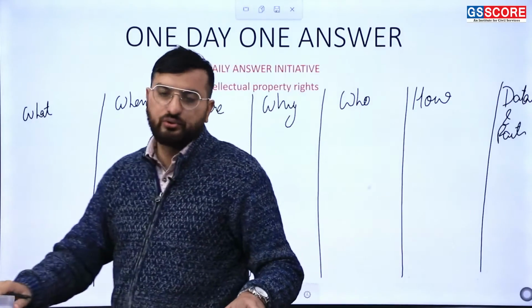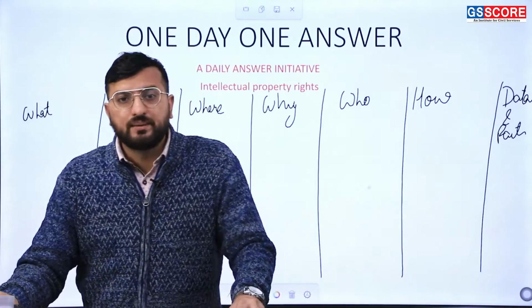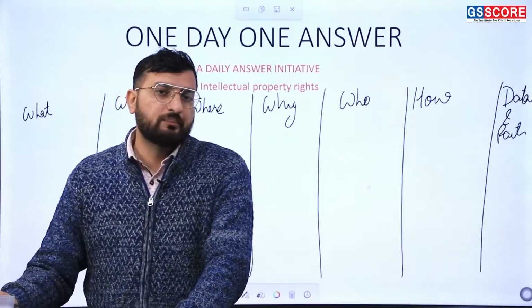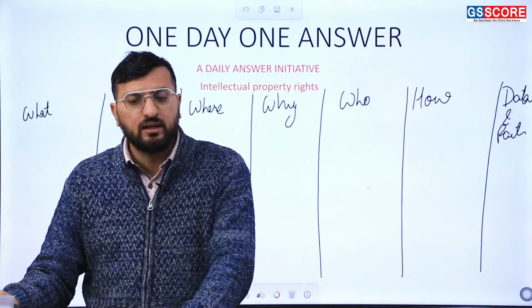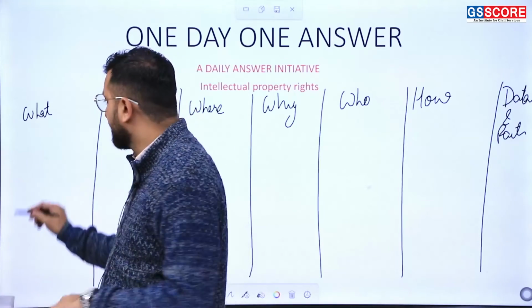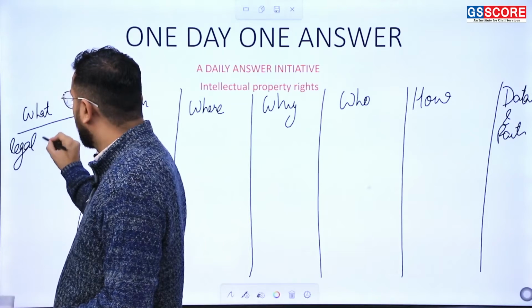So our first question is the definition part. What is IPR? Intellectual property rights are the legal rights granted to individuals and organizations for their creation or invention.